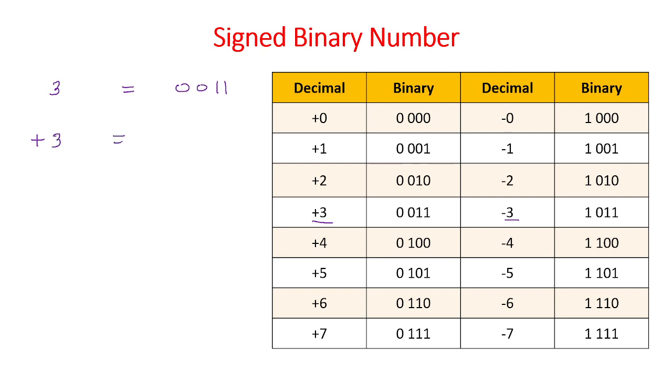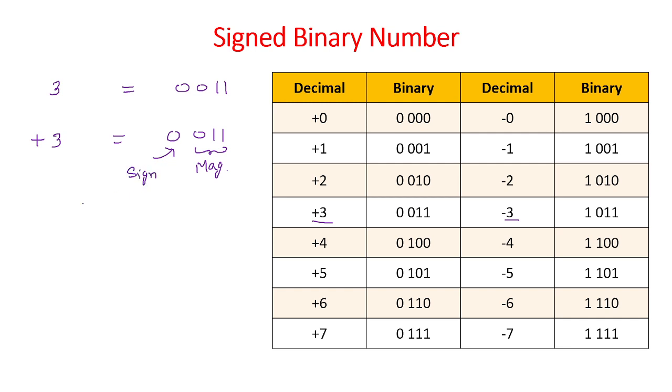So we can write it again as 0, 0, 1, 1. In this plus 3, 3 bits are the magnitude. 0, 1, 1 represent the magnitude of the number. And the most significant bit, the leftmost bit, which has more weightage, represents the sign bit.